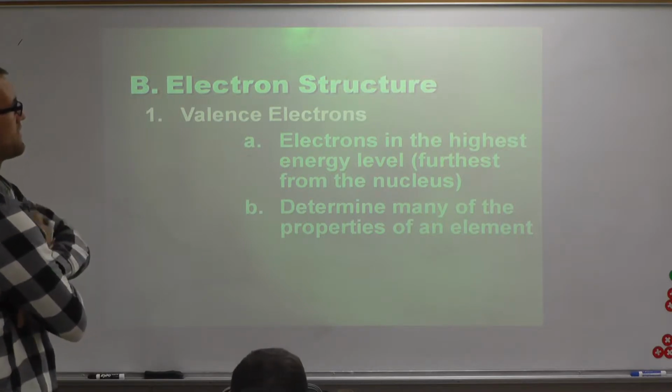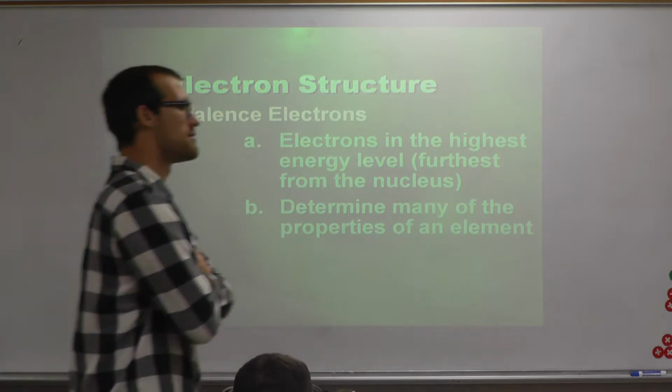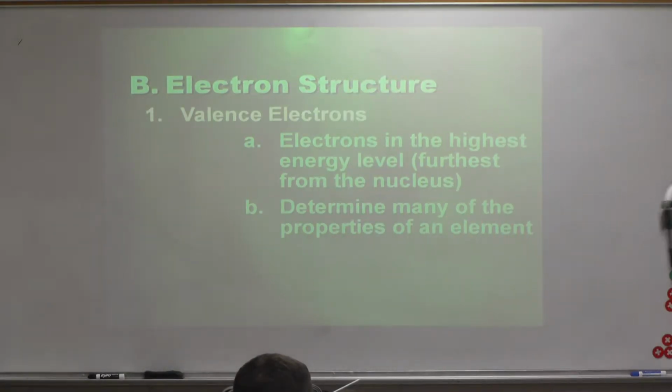All right, Shane, how many valence electrons does fluorine have up there? It's only got 7. It only has 9 protons and electrons to begin with. How many valence electrons does it have? 7. Edward, how many valence electrons does boron have?